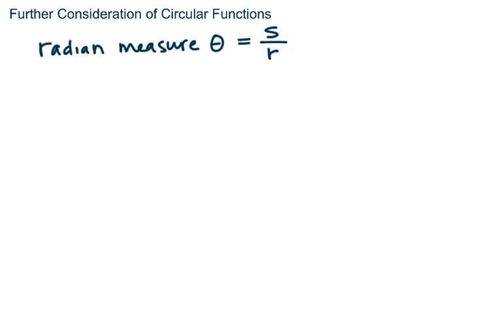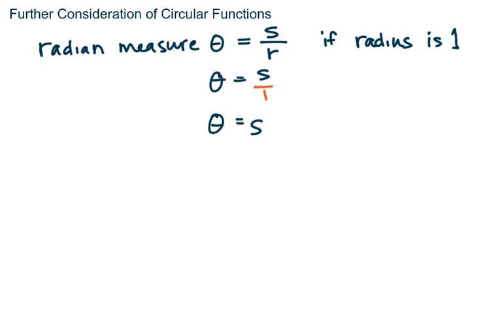Now, if the radius is 1, so if the radius of this circle we're considering is 1, then that gives me theta equals s over 1, which essentially just tells me that theta equals s.